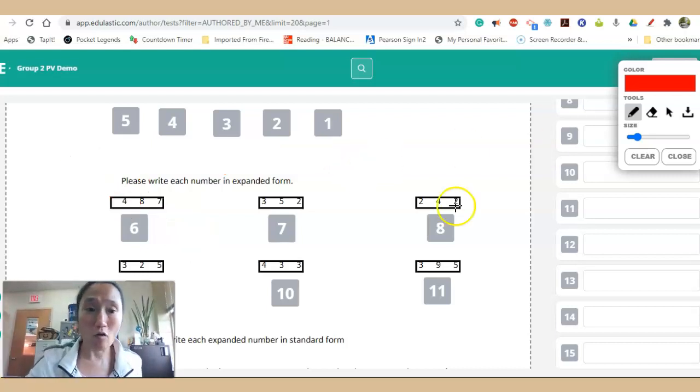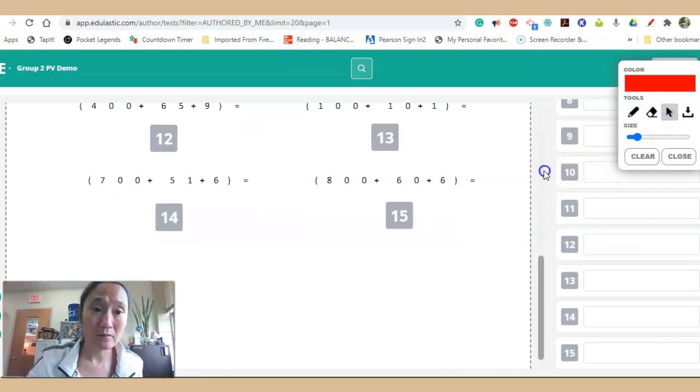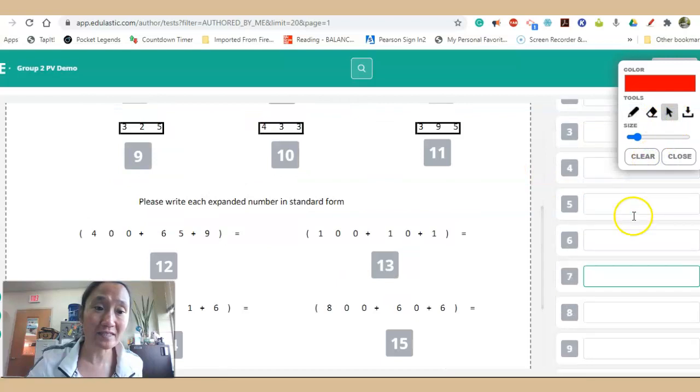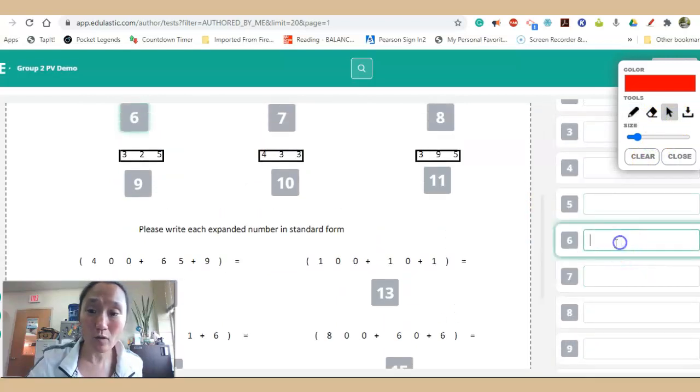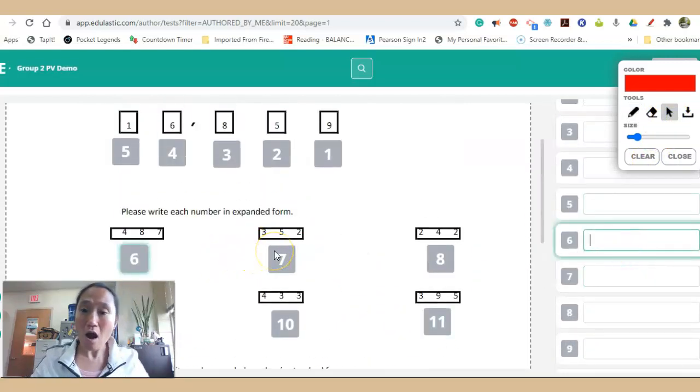So now if you go over here to number 6, you're going to type in here: I have 400 plus that 80, because 8 groups of 10 is 80, plus the 7 groups of 1 for 7. And then you work through each of those place values.